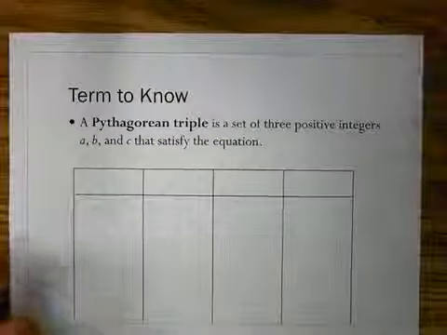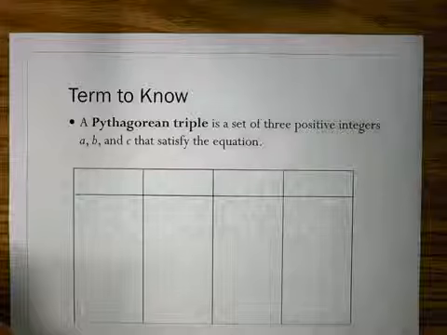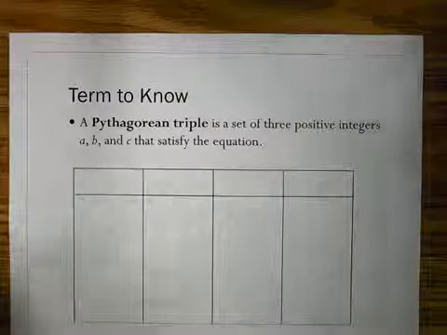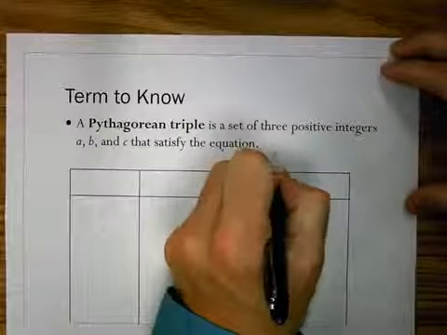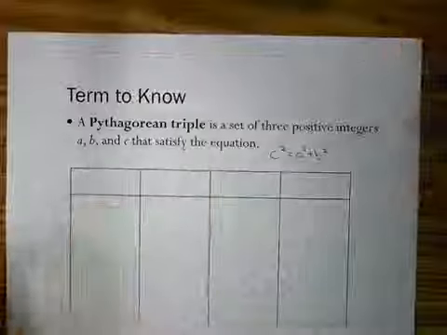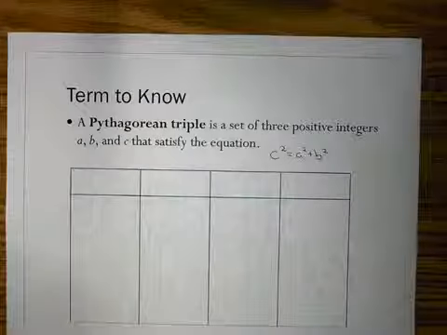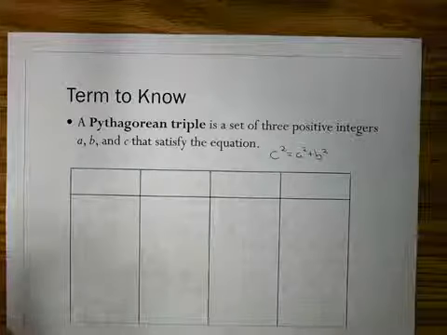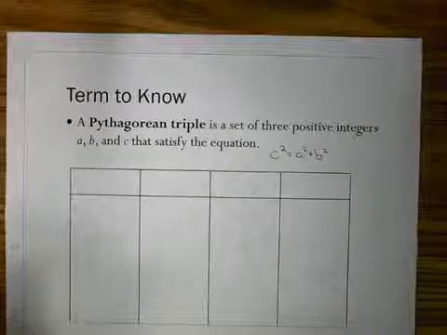And these are nice. So a Pythagorean triple is a set of three positive integers, a, b, and c, that satisfy the equation c squared equals a squared plus b squared, or Pythagorean theorem. Now, we could have an infinite amount of numbers that work for Pythagorean theorem that form a right triangle.